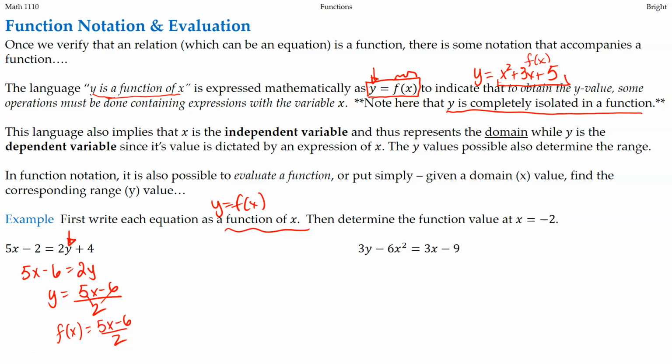Okay, and then so I completed the first part. Great. Now it says determine the function value at x is equal to minus 2. So really what that means is that instead of having x in my function, I'm going to write negative 2 for every occurrence of x.